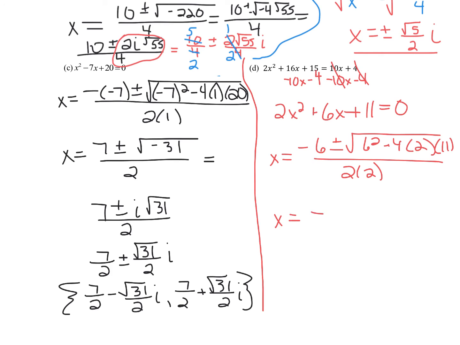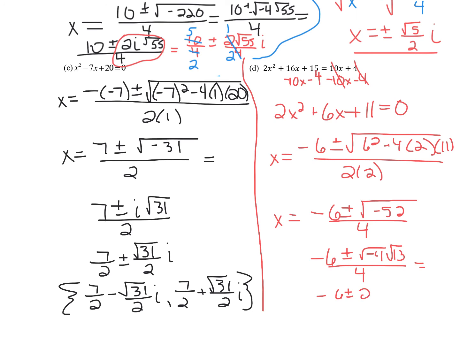This is going to give me negative 6 plus or minus the square root of negative 52 over 4. So I have negative 6 plus or minus, this is going to be square root of negative 4 times the square root of 13 over 4. So we have negative 6 plus or minus 2i radical 13 over 4.